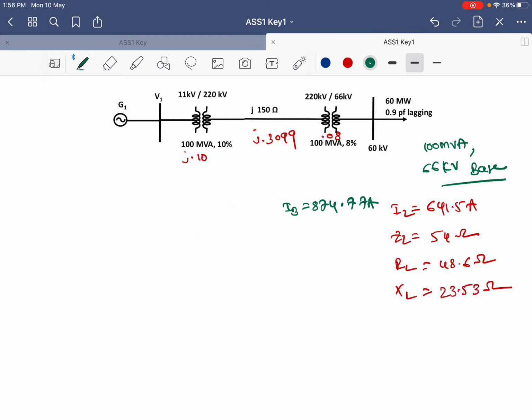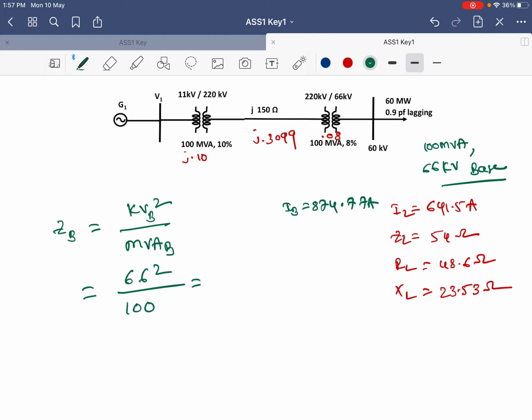Then the next step is to calculate the value of base impedance. The formula, we know, is KVB square divided by MVAB. The base voltage is 66, MVAB is 100.